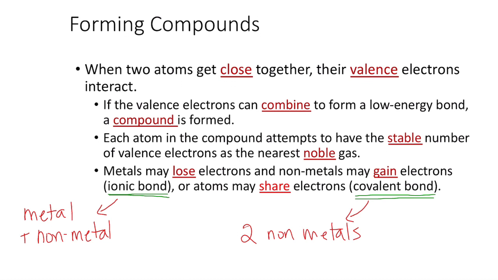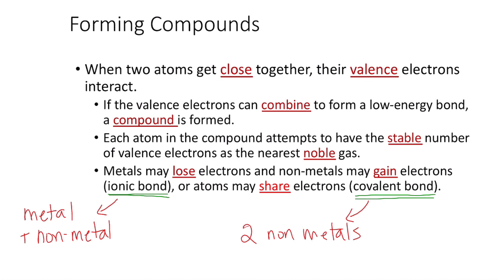So basically, atoms will lose or gain electrons in order to have a full valence shell, which is identical to the nearest noble gas, which is what we saw in our sodium example on the last slide. It was trying to be like neon, which is its closest noble gas.